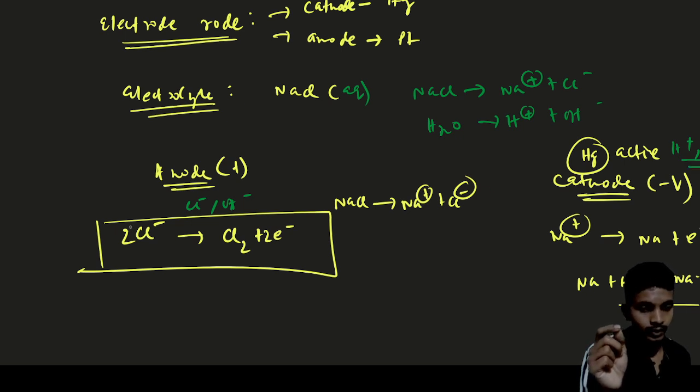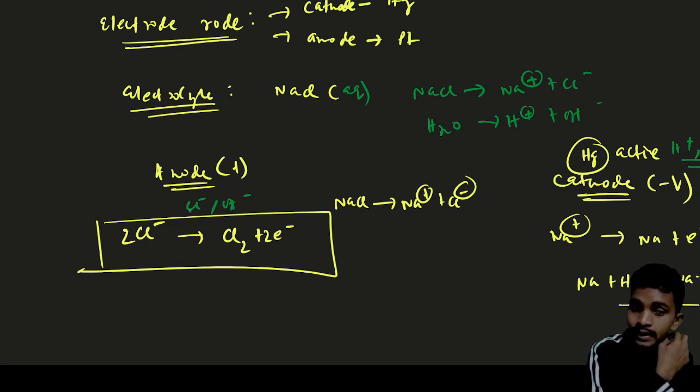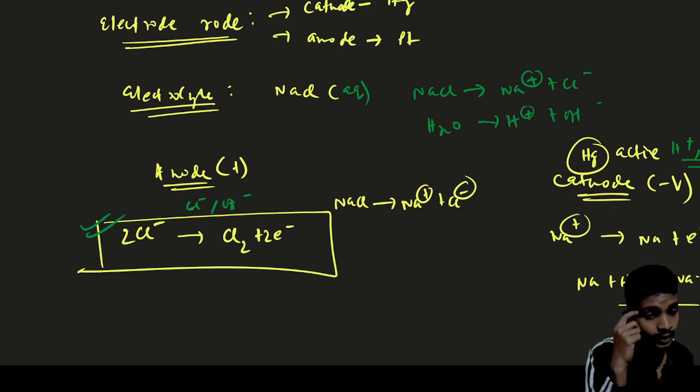So competitions will start. From the electrochemical series, Cl minus dominates, so this will happen. Because Cl minus has a high oxidation potential, it is above in the SRP series. Above is Cl minus, so Cl minus will discharge.